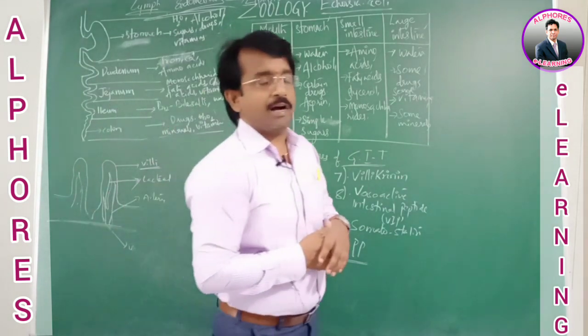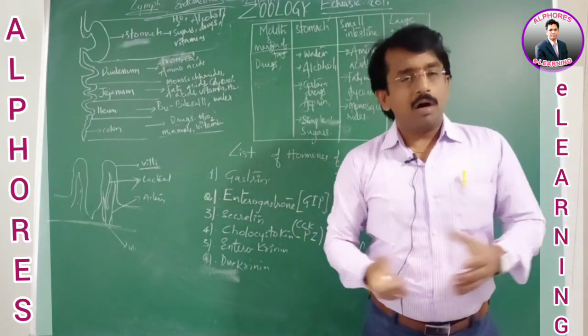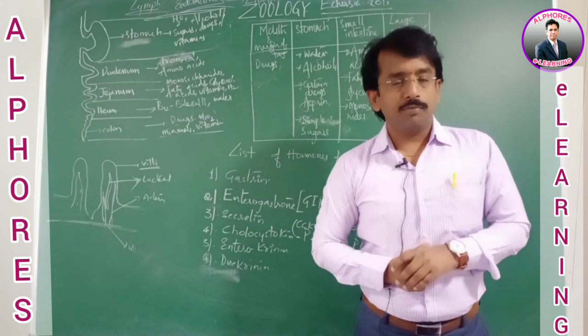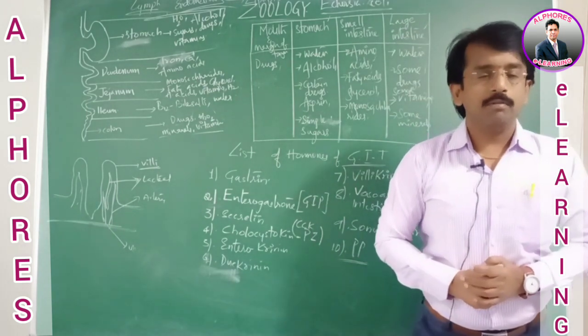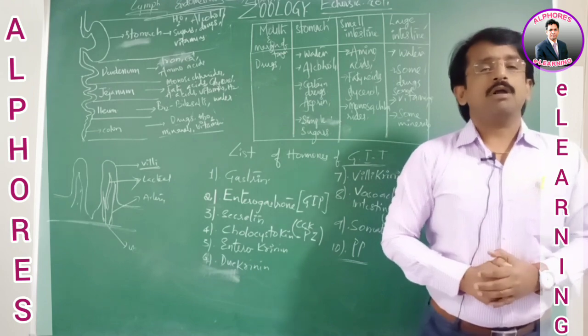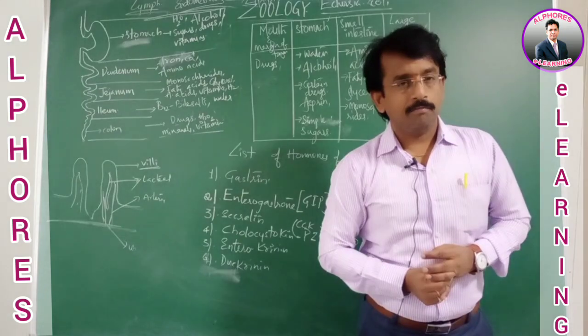However, we take vitamins through our food. Basically, the vitamins are fat soluble and water soluble. B and C are water soluble. A, D, E, K are fat soluble.